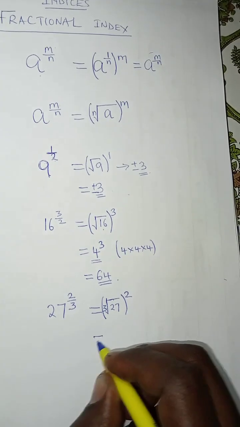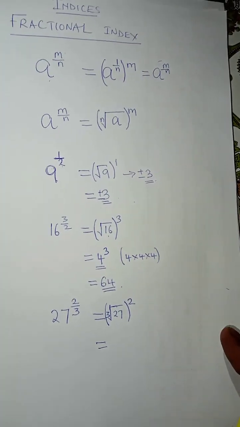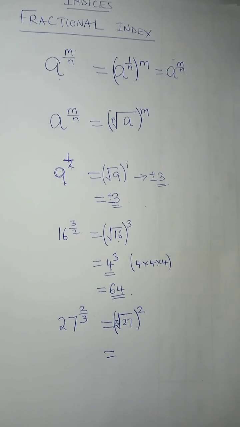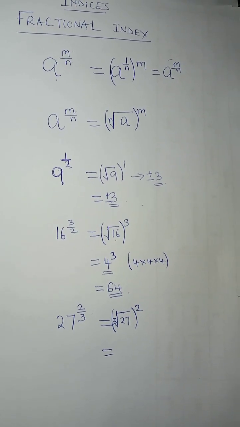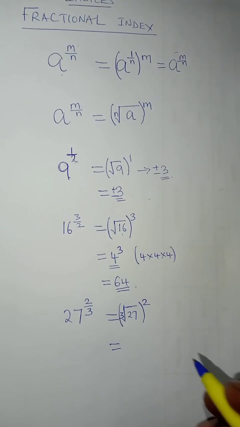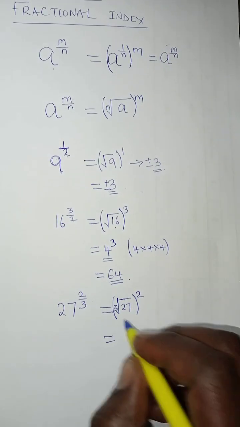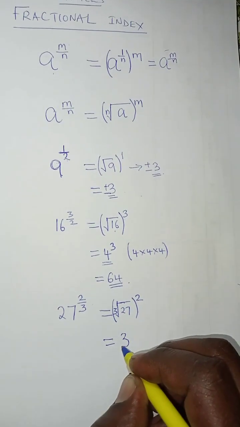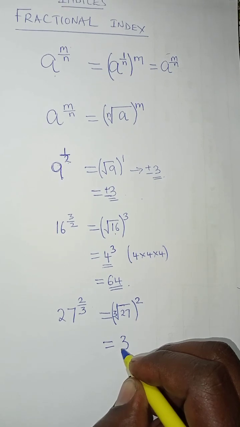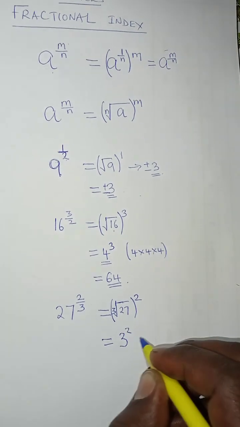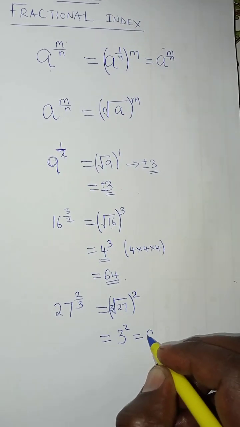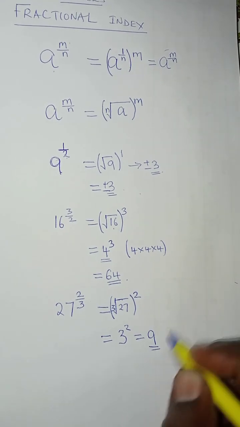So what is the cube root of 27? Do it with me. 3 times 3 times 3 gives us 27. That means that the cube root of 27 is 3. So after getting our 3 here, raise it to the last power 2. This gives us 9.